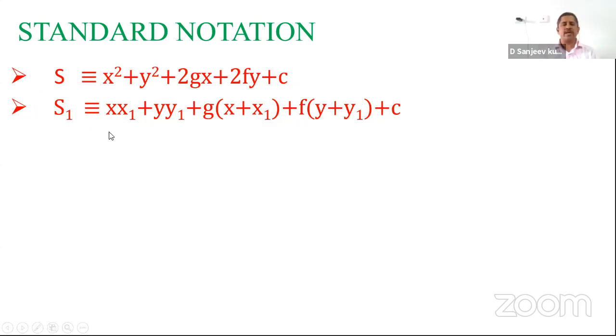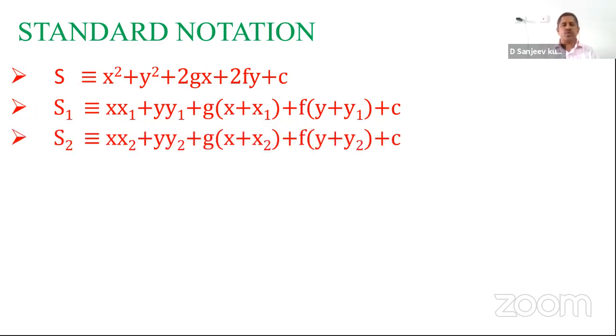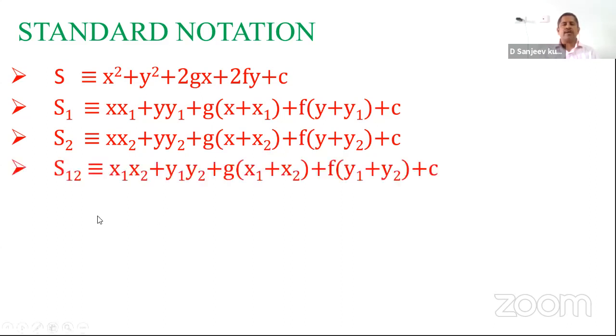Likewise, we have S2. It is x x2 plus y y2 plus g into (x plus x2) plus f into (y plus y2) plus c. Then we have the expression S12, given as x1 x2 plus y1 y2 plus g into (x1 plus x2) plus f into (y1 plus y2) plus c.